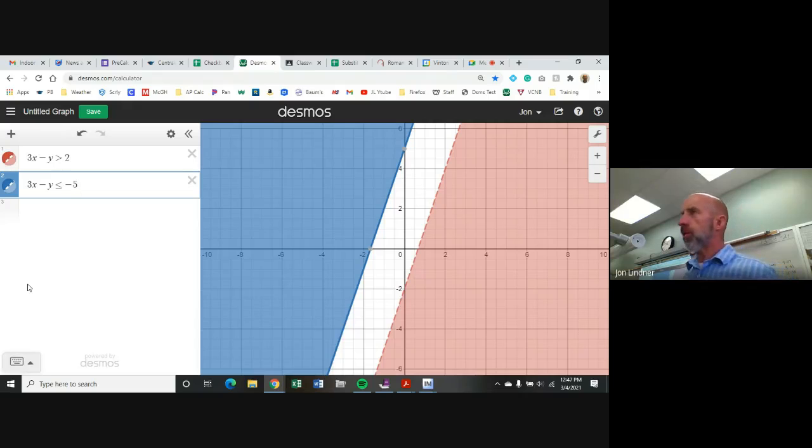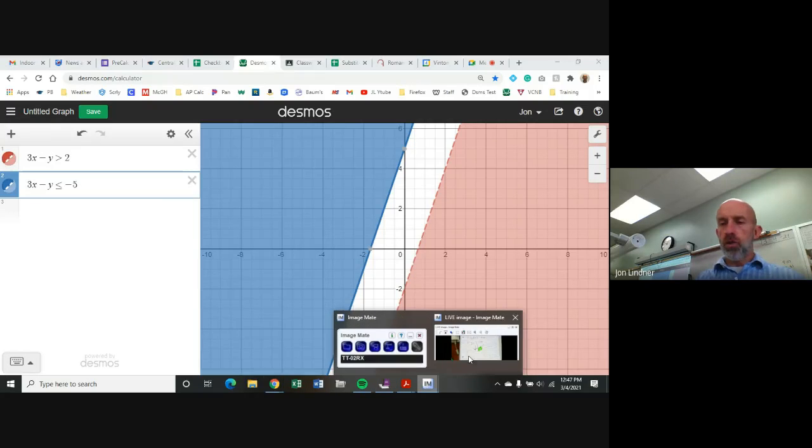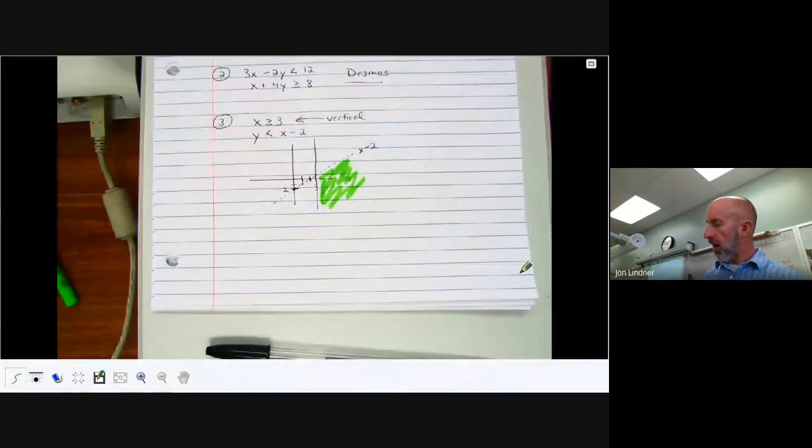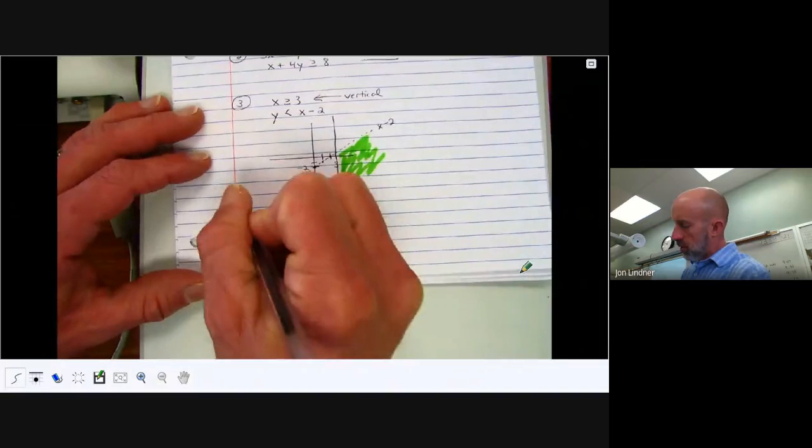And notice what we have going on here. There's no overlap, is there? There's no overlap. The one is shaded to the right, the other one is shaded to the left. There's no overlap. So if you get to a problem like that, where there is no overlap, add this into your notes.